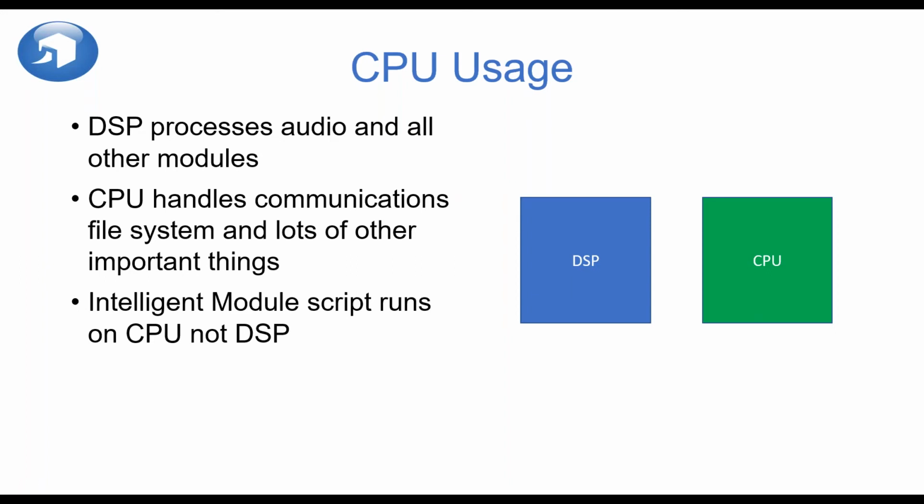And it's important to note that the intelligent module scripts themselves actually run on the CPU, not the DSP. And so this is why, in one of the examples I showed you, you can free up DSP resources by shifting from control modules to an intelligent module, because you're shifting processing from the DSP to the CPU.